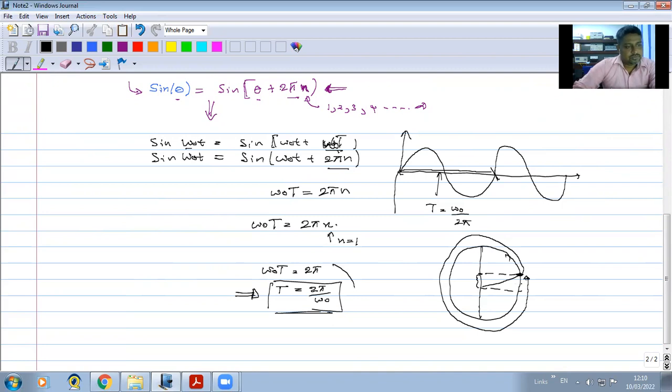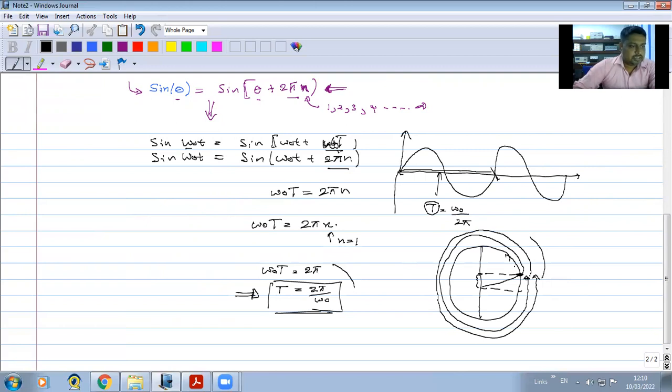So you can see that this T is the time to travel one circle, no? After traveling the circle, it is repeating again.